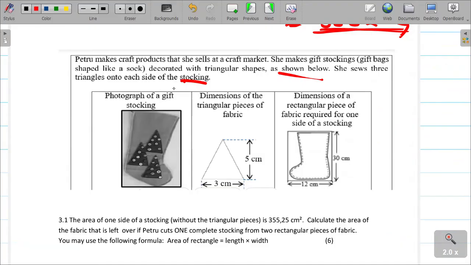We are given a photograph of a gift stocking, with the dimensions of the triangular pieces of fabric being 3 centimeters by 5 centimeters, and the dimensions of the rectangular piece of fabric required for one side of the stocking being 30 centimeters by 12.